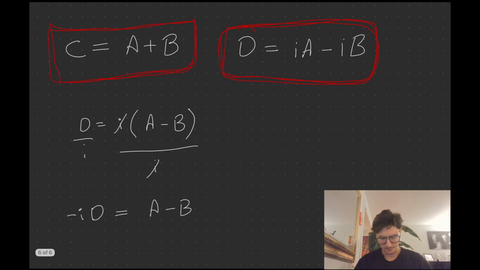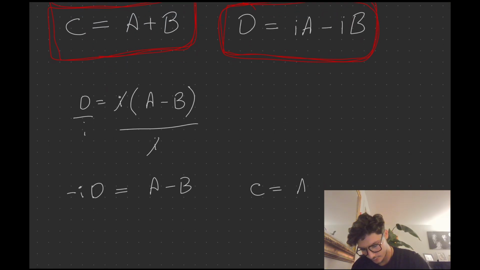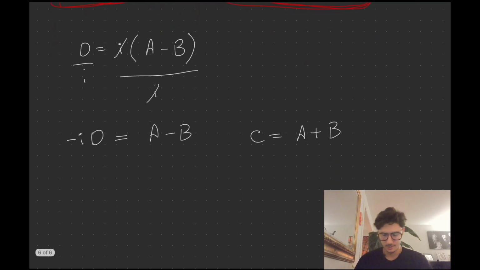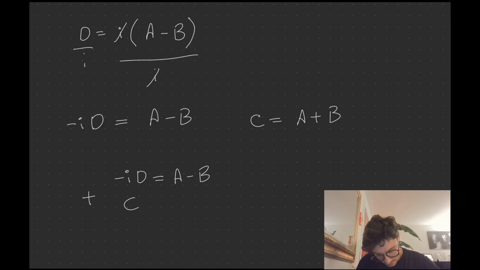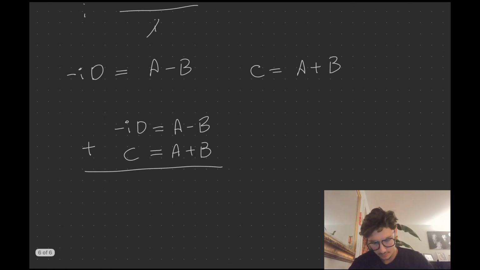Now peep this. C is equal to A plus B. Check this out, guys. If we do minus ID equals A minus B, plus C equals A plus B, I'm basically just adding these two equations together.